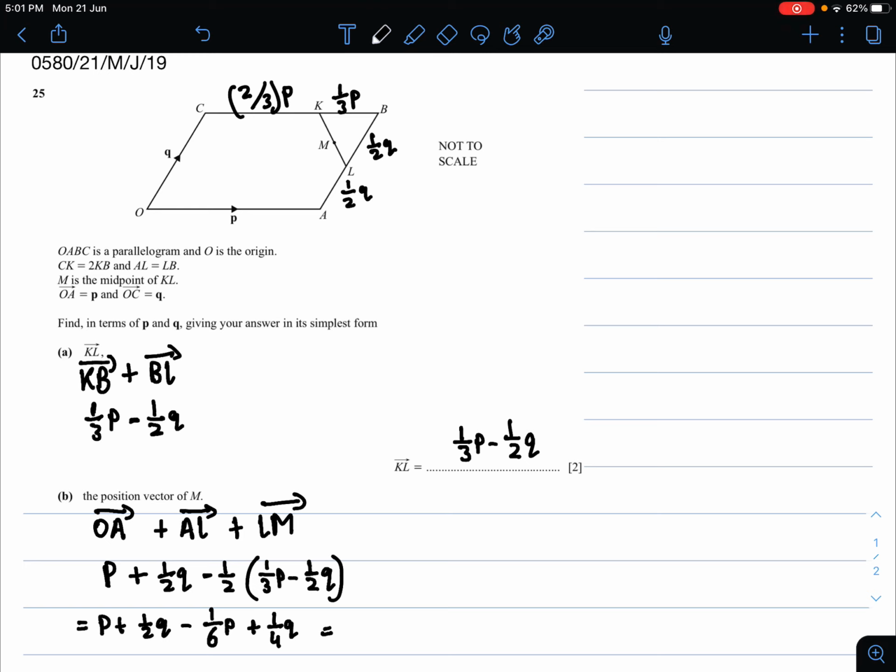So the two terms of p are p and negative 1/6. Now we need to make the denominators of both the terms the same. So how we do that is, we multiply p by 6 and the denominator also by 6. So we would therefore have 6p minus p, the whole thing divided by 6, because now they have a common denominator.